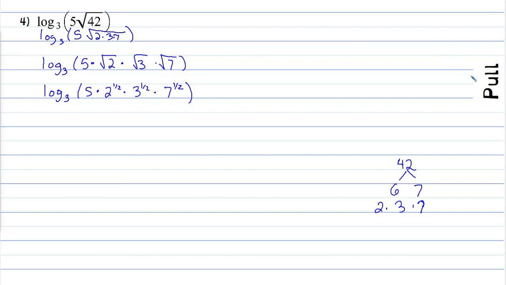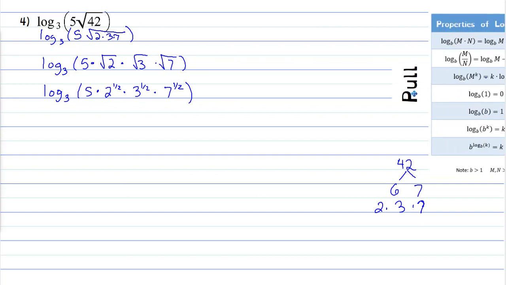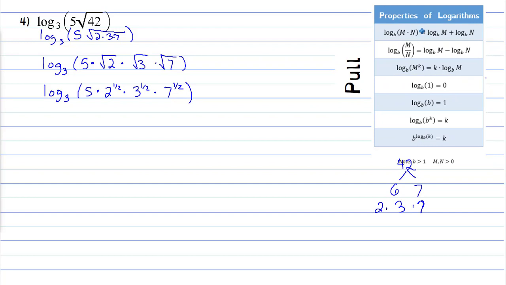Now we have just basically two properties that we are working with at this point. We have the power property, and we have the multiplication property, and so I'm going to separate them with the addition. And some people will go ahead and move your powers at the same time. So if you feel comfortable with that, you can.